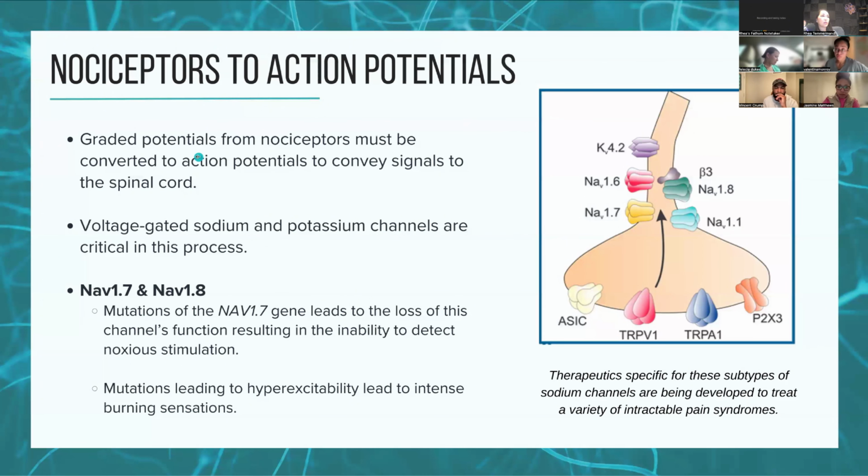So the graded potentials, meaning that when these are stimulated, the graded potentials are like electrical signals. They converge, they kind of add up, and then that causes these to open, and those action potentials to build. The neuron will depolarize and send that action potential down the neuron.